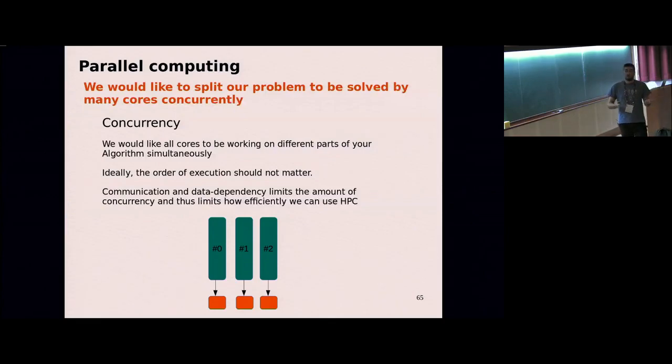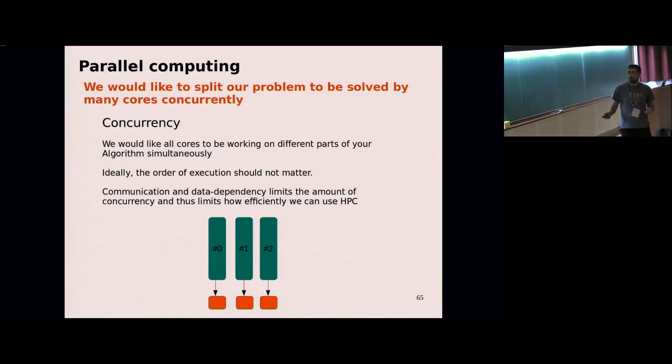Ideally, you split your problem, each chunk is done by a different core, and it doesn't matter the order in which you do it, and life is good. For example, you split your problem into 3 chunks, give one to core 0, another to core 1, and another to core 2. Each progresses independently, and they deliver the results.